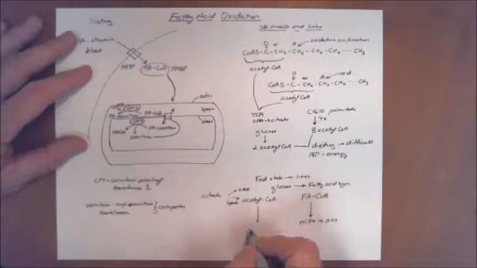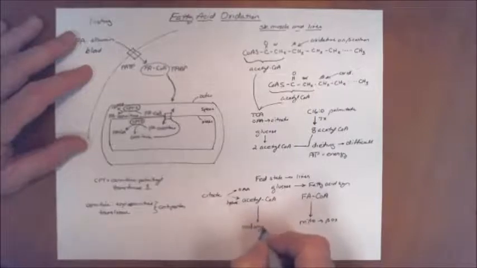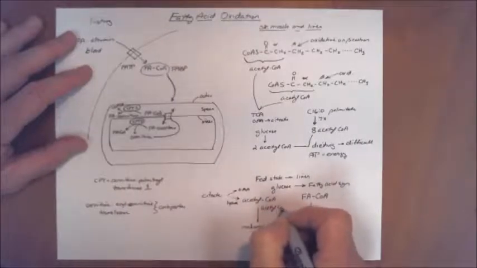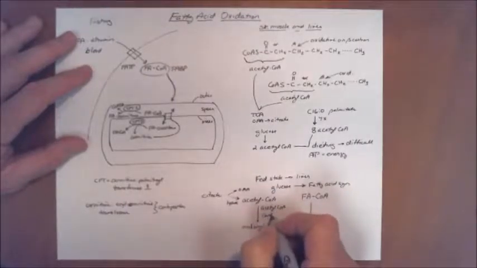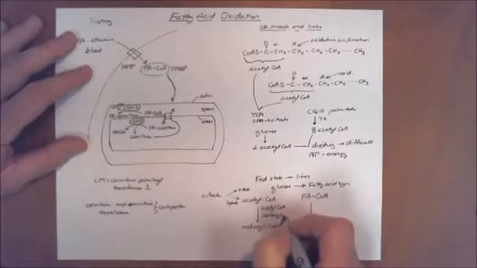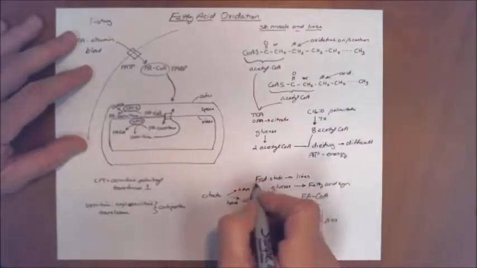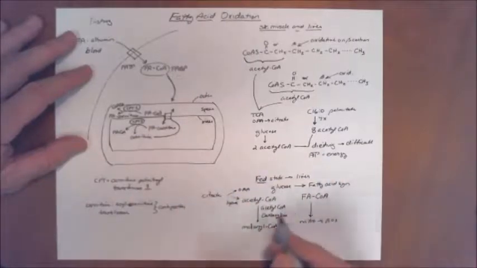The committed step into fatty acid synthesis, which is also the rate-limiting step, is to convert the acetyl-CoA into malonyl-CoA by acetyl-CoA carboxylase. Now recall this enzyme is activated by insulin signaling because we are in the fed state, and so we are driving the conversion of acetyl-CoA into malonyl-CoA.